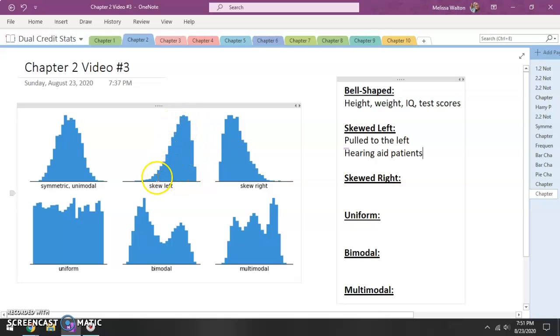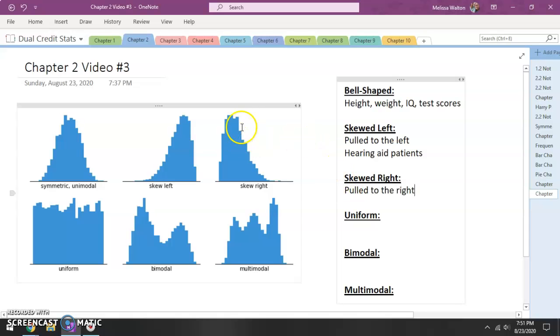However, it is possible for a younger child with hearing loss or somebody with special needs to need hearing aids. So, while most of the population that uses hearing aids is older, there are a few that are younger as well. Same thing with skewed right, except this is being pulled to the right.